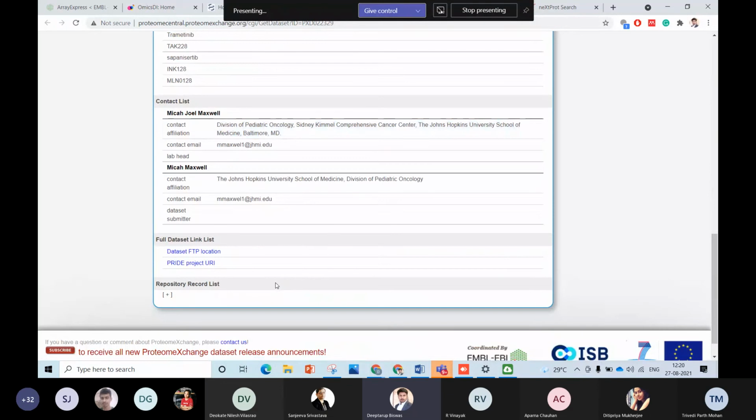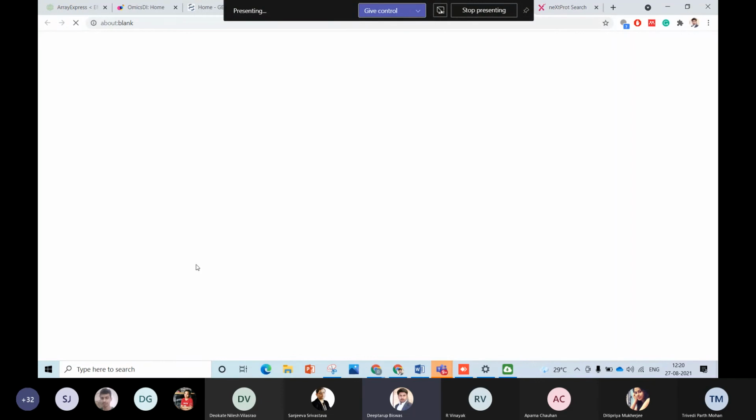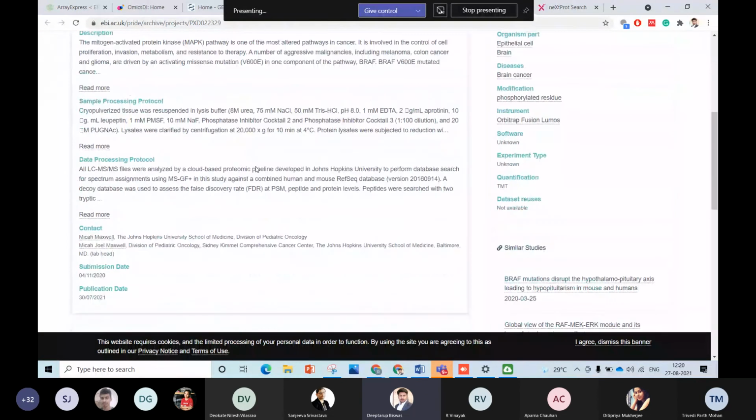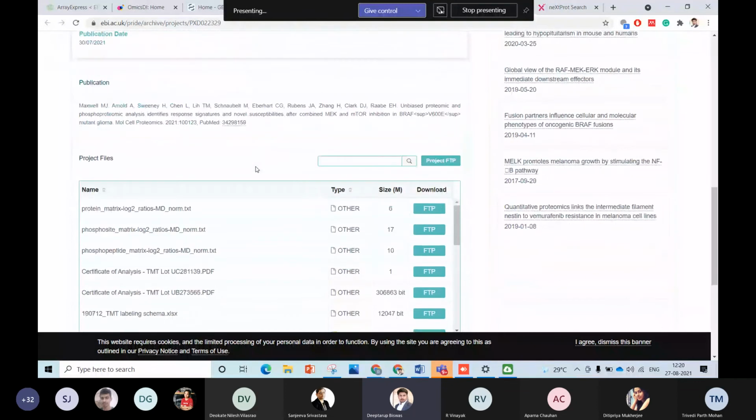To access the data, there is a full data set link. If you click the data set FTP location, it will directly allow you to download the data set, if you know some command lines in Windows or Linux, by using the wget function. Otherwise, you can click into the PRIDE link, as I have shown, and come down.